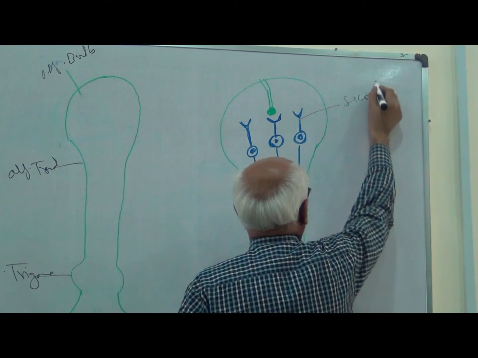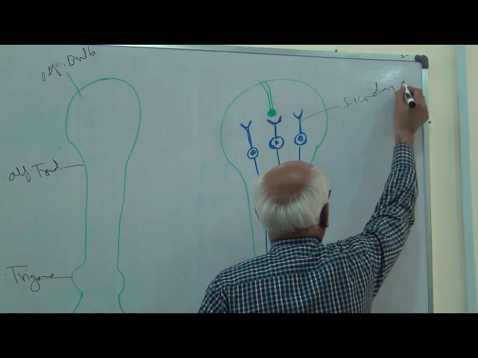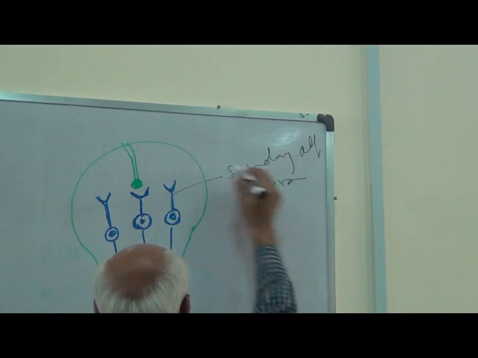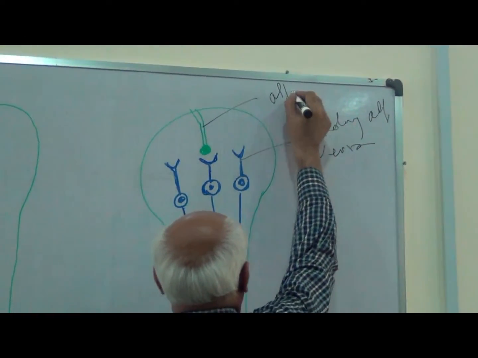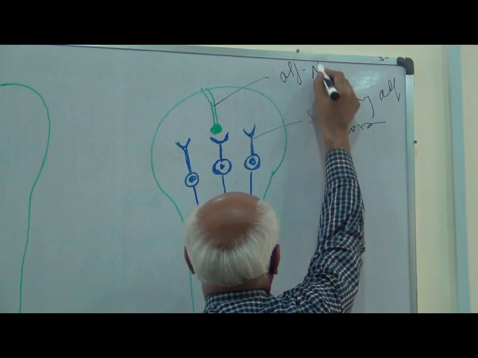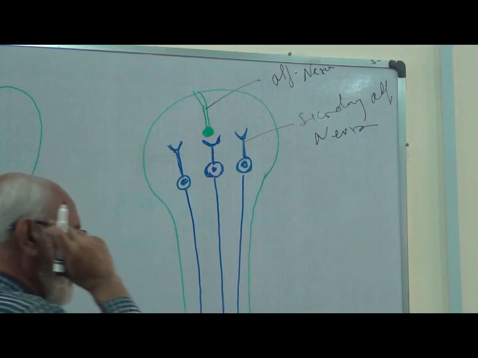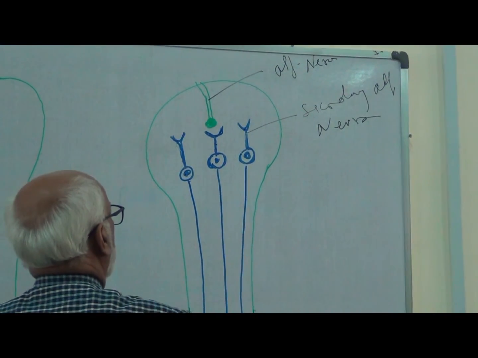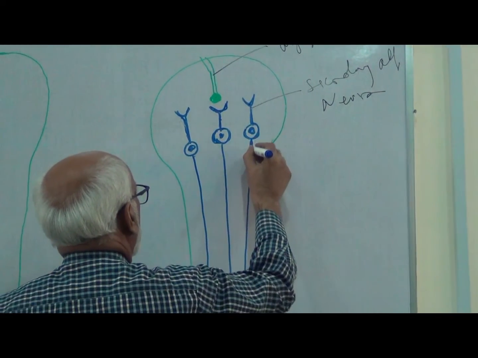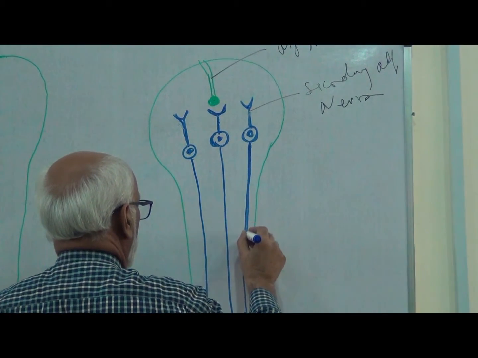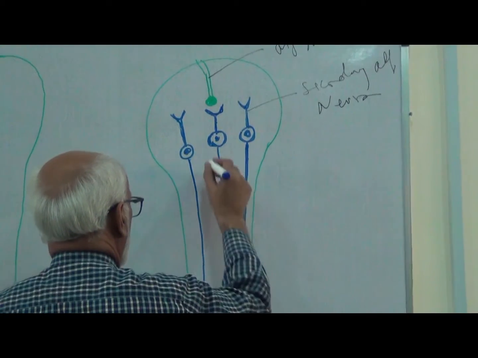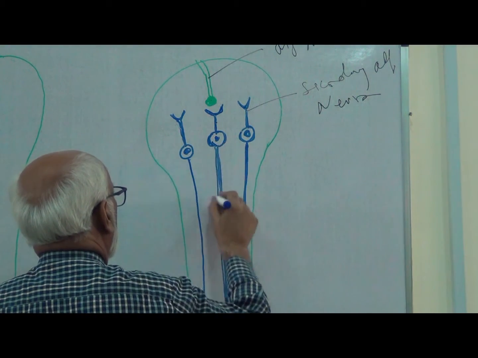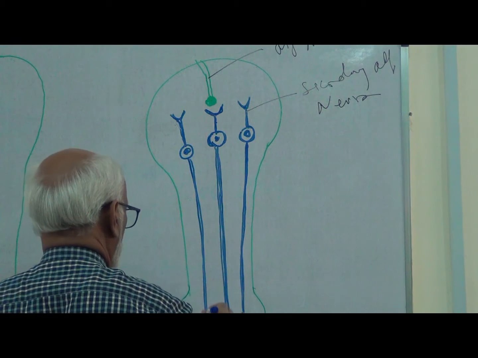These are secondary olfactory neurons, and these are olfactory nerves, which are axons of the primary olfactory neurons. And these are the cell bodies in the olfactory bulb, the cell bodies of the secondary olfactory neurons, and these are the axons which traverse to the olfactory tract.